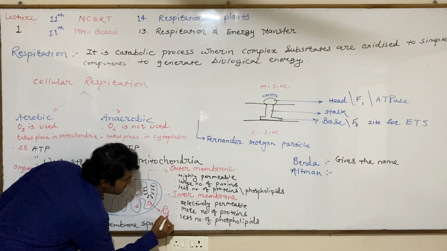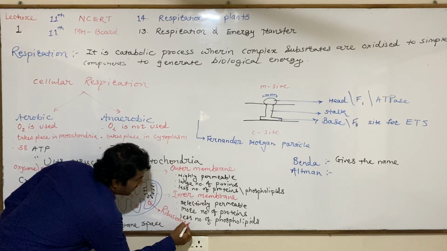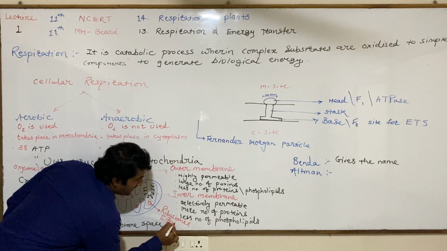And the ribosomes, we already know, are 70S type.